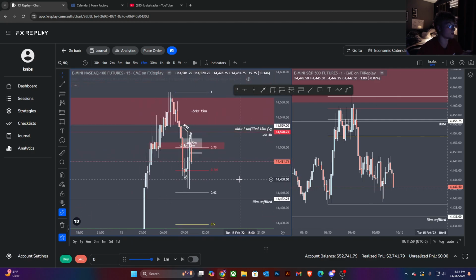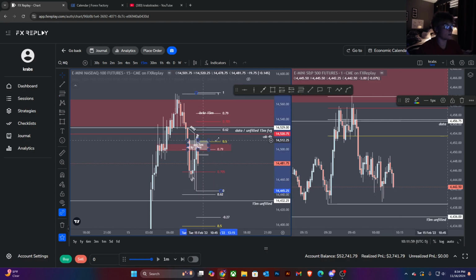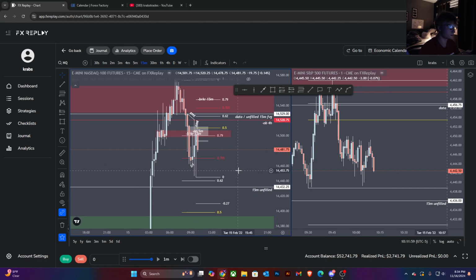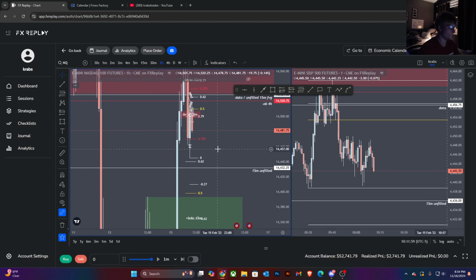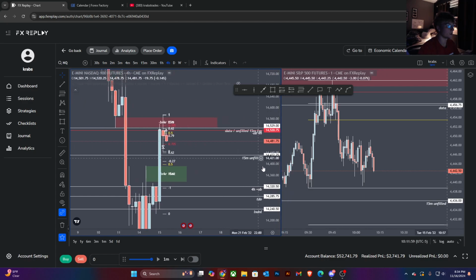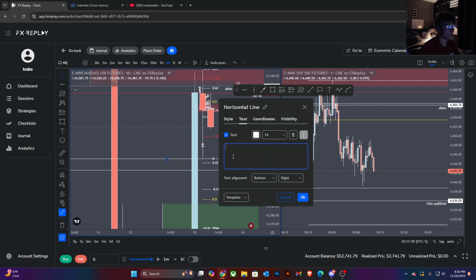Still like shorts a lot. Tapped into premium as well, rejected there. 15-minute unfilled gap. Alright, really nice here. We got good draw on liquidity. 4 hour unfilled fair value gap there.